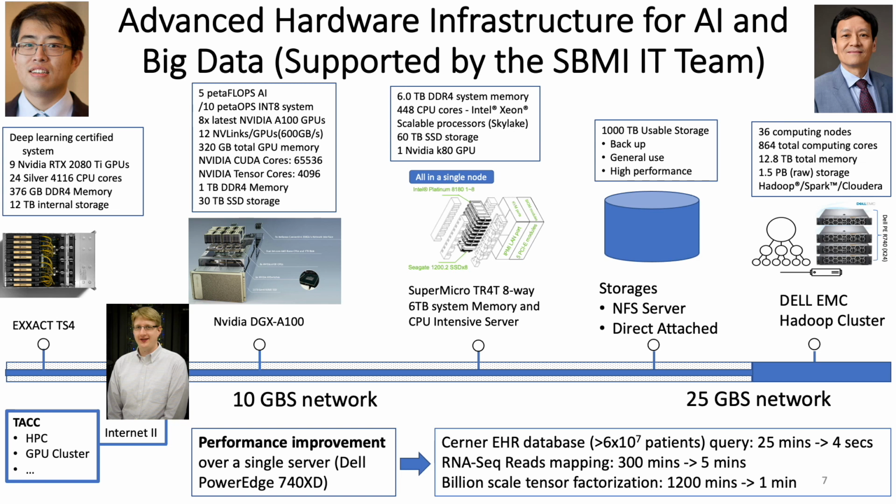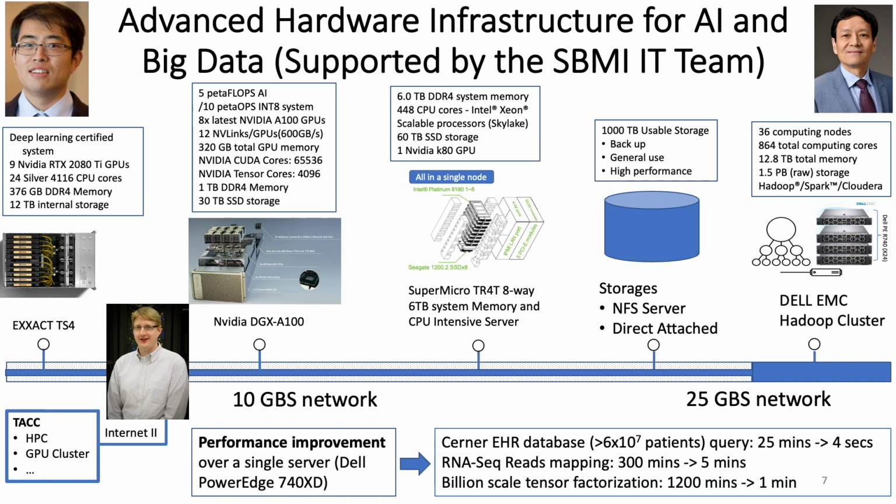All this hardware is on a 10G and 25G network. We also have a connection to the Texas Advanced Computing Center, with the help of Joe from Tech. They have one of the world's fastest computer clusters, and recently they also added some GPU servers and GPU clusters.